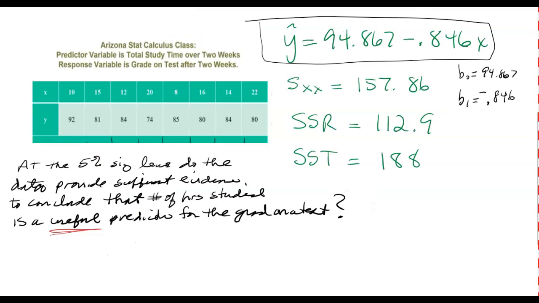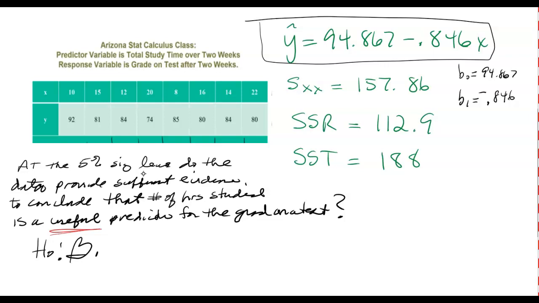So the null hypothesis for all of these particular problems is not useful. The other thing to keep in mind is that small b sub 0 and small b sub 1 represent the sample. When we're doing our hypothesis test, we refer to the population variable, and that's capital B sub 1.